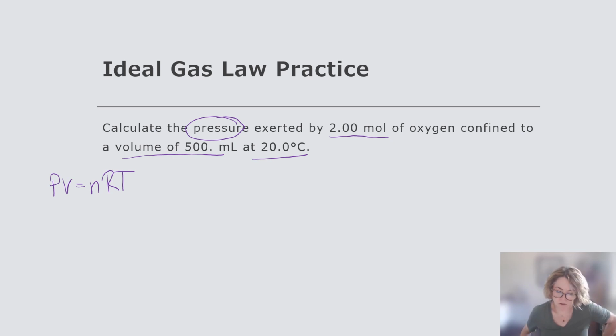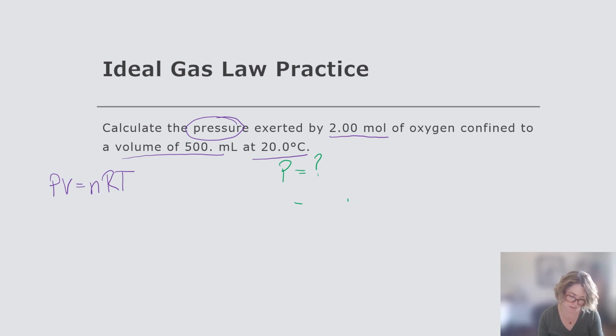Just like I've done in all the other gas laws, I want to write out all of my variables to make sure that I know where I'm going and that I have them all set up in the correct units. So pressure, that is what I'm looking for. Just pressure, no P2. I've been given volume. Now my volume is in terms of milliliters.